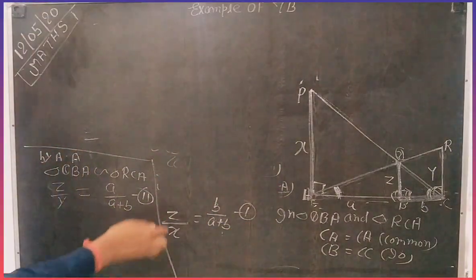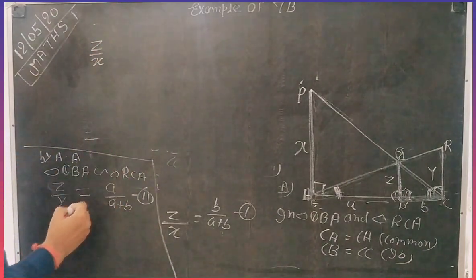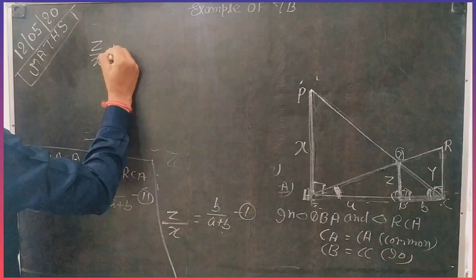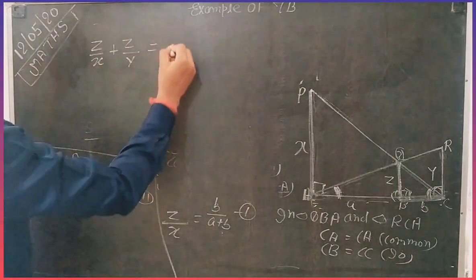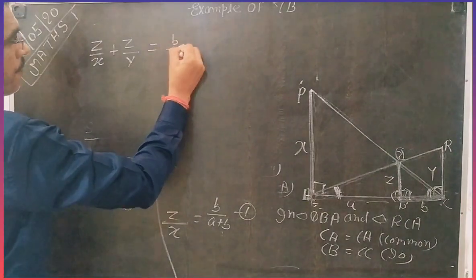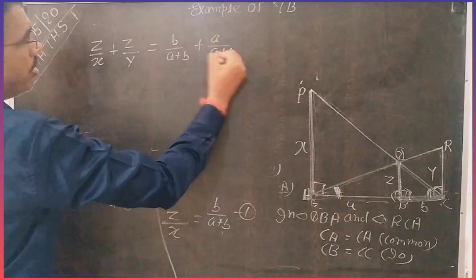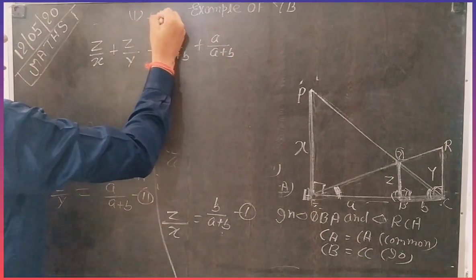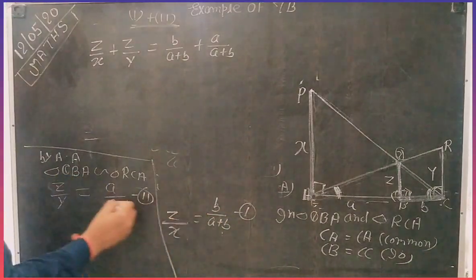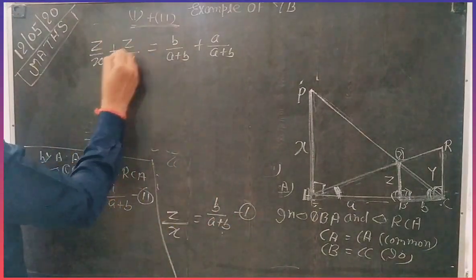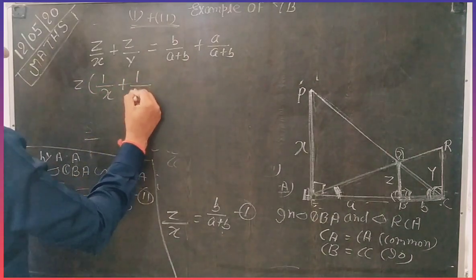Z by X plus Z by Y is equal to B by A plus B plus A by A plus B, because we add equation first and second, LHS two terms and RHS two terms. Here we take Z as common, then write 1 by X, 1 by Y.